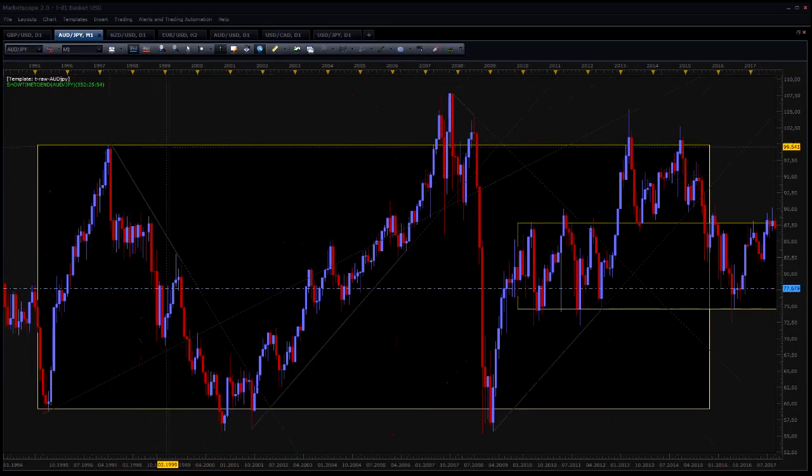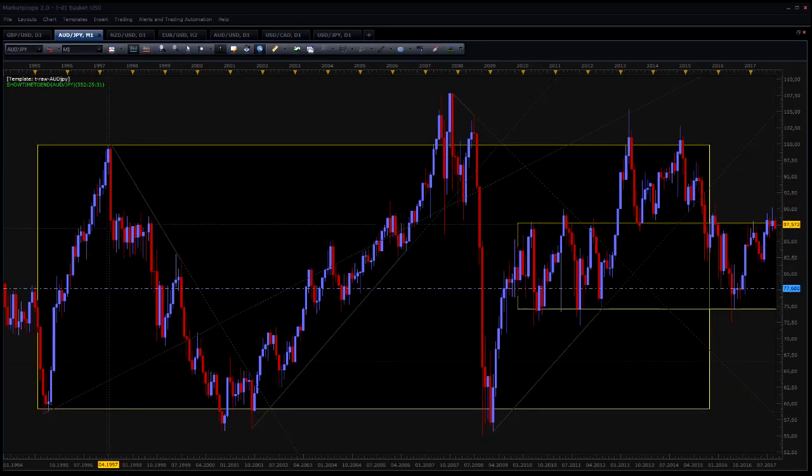So being here, looking at this chart, it was in an uptrend. It was an uptrend. Market started falling to consolidation.